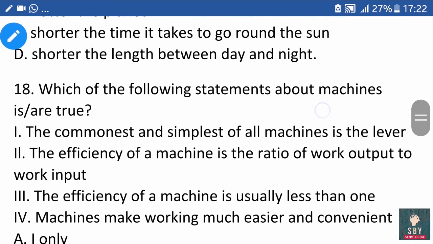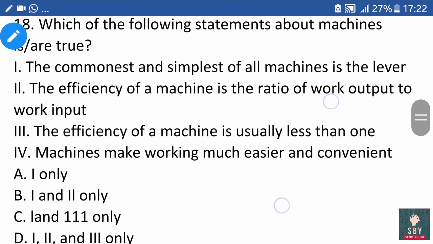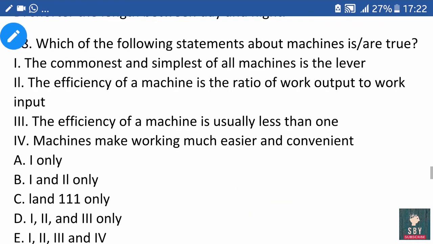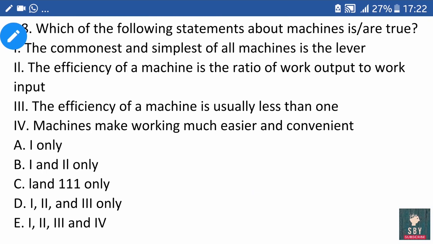So the next question. Which of the following statements about machines is or are true? The commonest and simplest machine is the lever. Okay, that's true. The efficiency of a machine is the ratio of work output to work input.